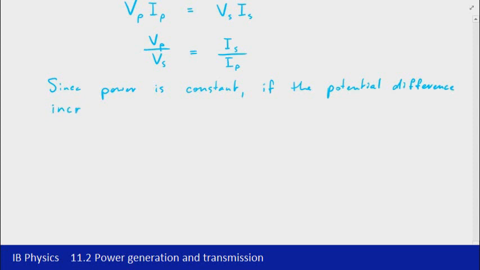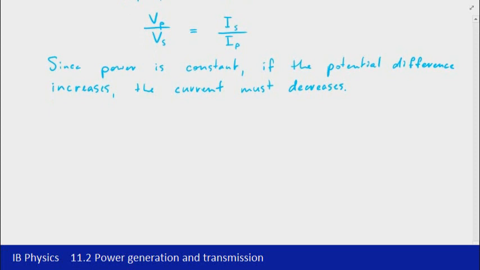If the secondary potential difference has increased, the current will therefore decrease. So one of the important things about transformers is that as the voltage increases, so if it's a step-up transformer, the current will decrease. If it's a step-down transformer, the current will increase. Notice that when we're talking about step-up and step-down, we're talking about the voltage, not the current.